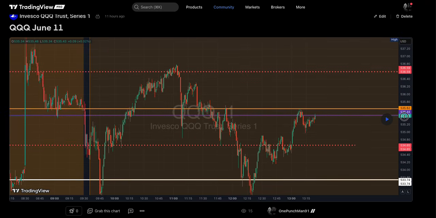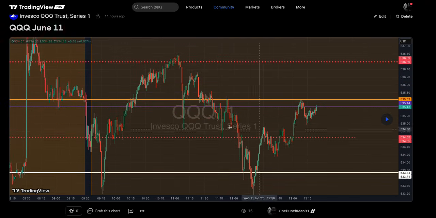When you see it like this, you will see the price action is crazy. All these are great for swing trading, day trading, option trading, 0 DTE, 1 DTE, any kind of strategy.